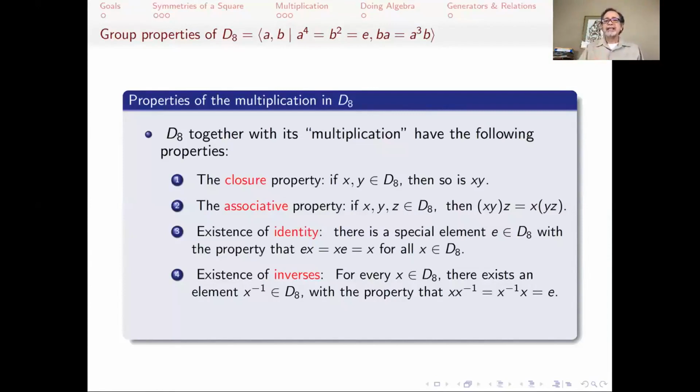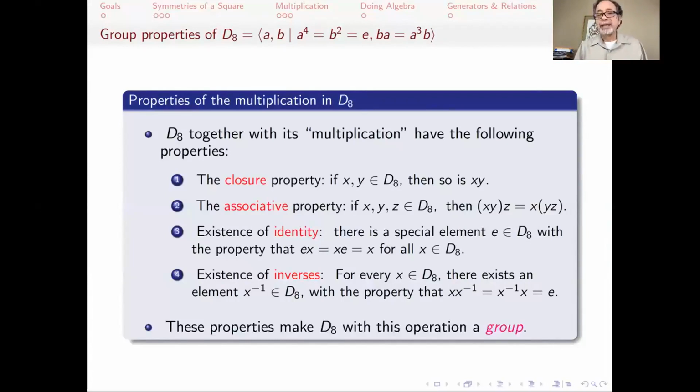Again, just like the identity, inverses don't come announcing themselves. I'm calling it X inverse, as if it's always saying I'm X inverse. No. For example, A inverse is A cubed in D8. H inverse, or B inverse, is B. So H has the name B, but you could also call it B inverse because when you take H times H, or B times B, you get the identity.